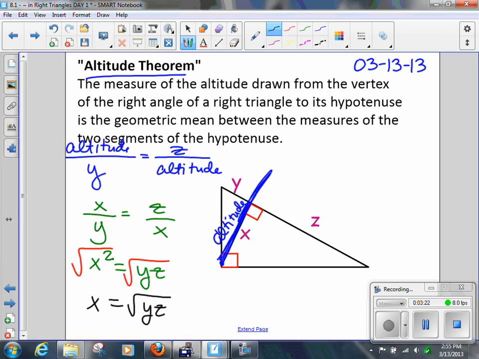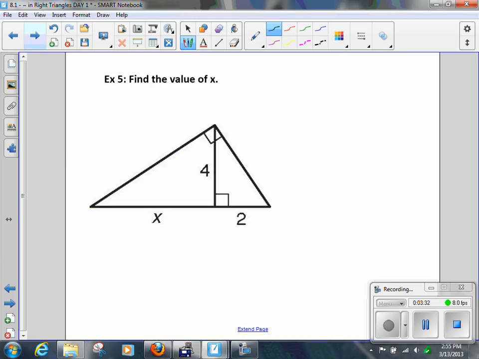So that's what we're going to look at: what we're given. Are we given the altitude or are we given a leg? You'll understand how we're going to use this. Bear with me. Look at what we're given. The 4 is the altitude. So we're going to use the altitude theorem.